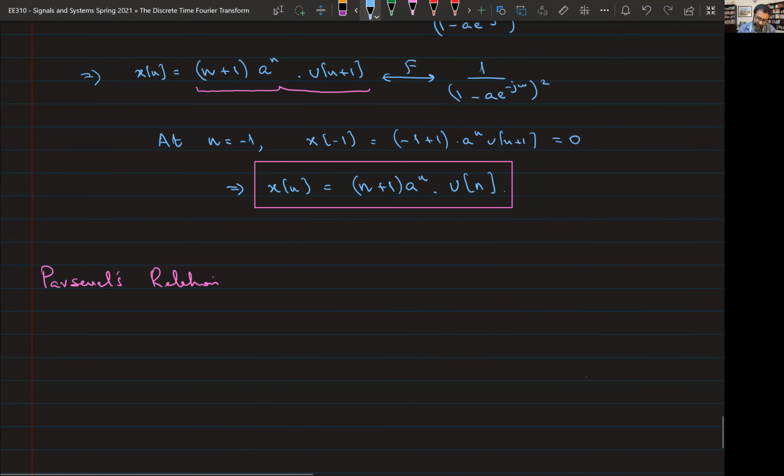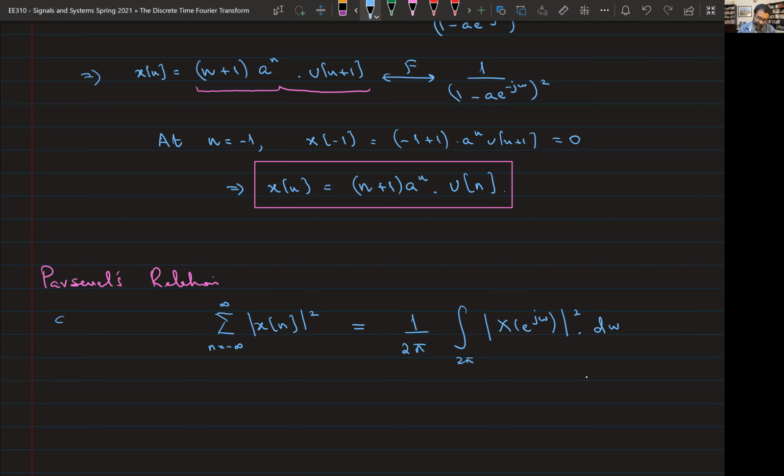And as you can imagine, this just says the energy in the time domain, going from minus infinity to plus infinity, is equal to 1 upon 2 pi times the integral of the absolute value of X of e raised to the power j omega, squared, d omega.